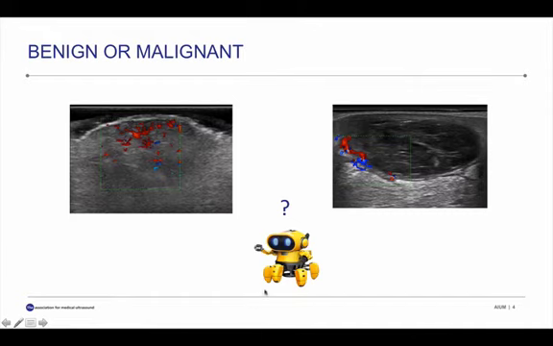What we wanted to know is if an algorithm could differentiate between benign and malignant. Is this lesion here benign or malignant? Is this lesion here benign or malignant?